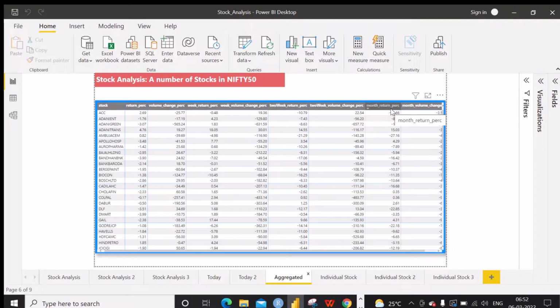So we can compare how the return percentage for a particular share varies over different periods of time, at a single glance.